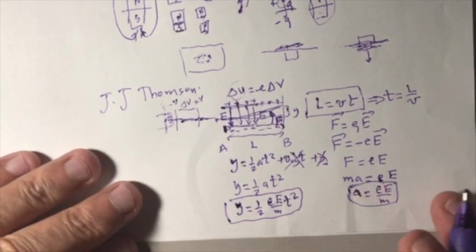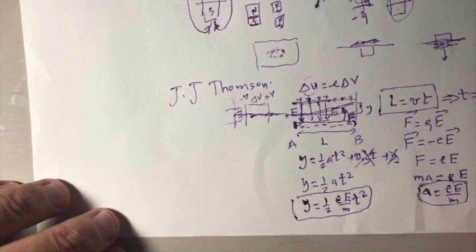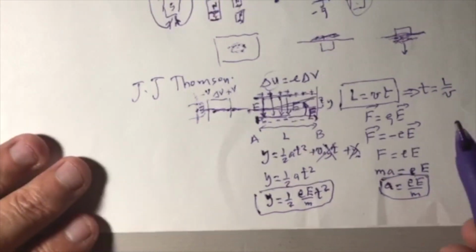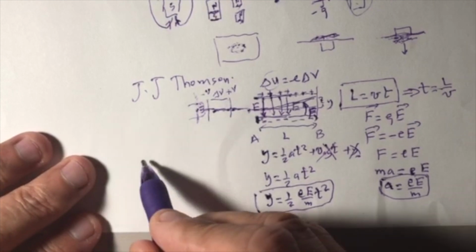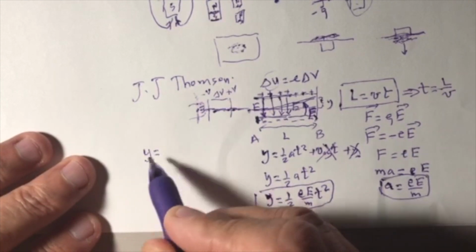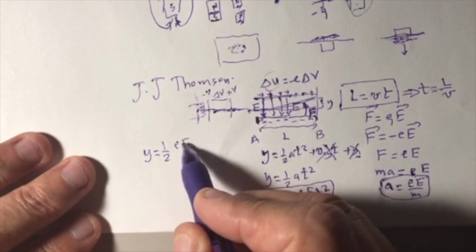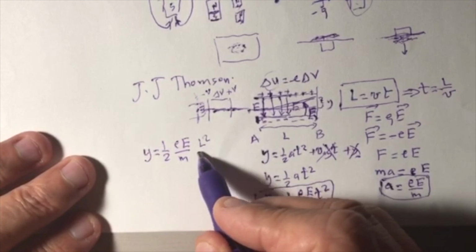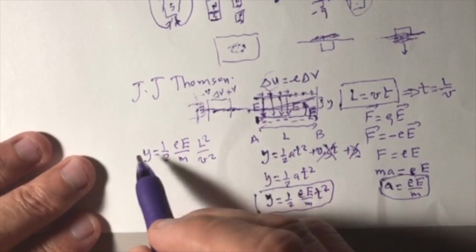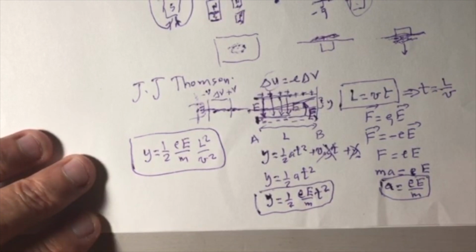Now we take that t and plug it here. So we have y is equal to 1/2, and then times the electric field E over M. And here we have L squared over v squared.